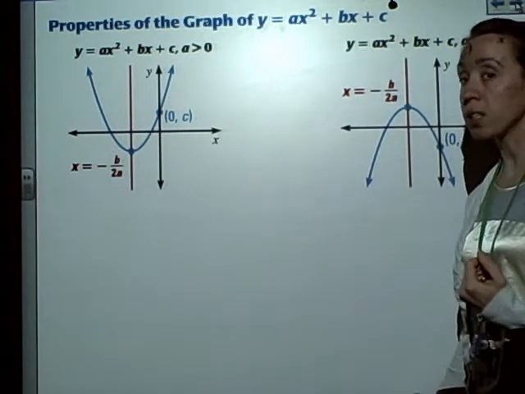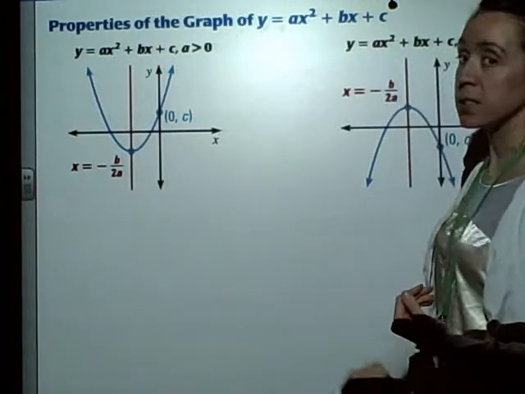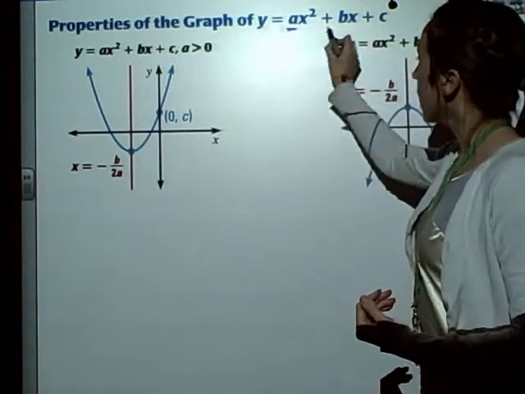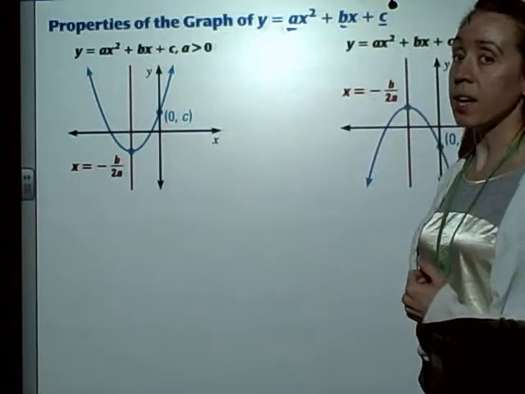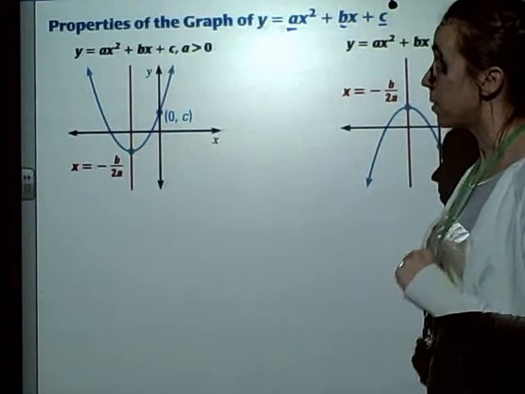Remember that your quadratic is in the form of ax squared plus bx plus c. We can use the a, b, and c value to tell us specific points to graph on your parabola.